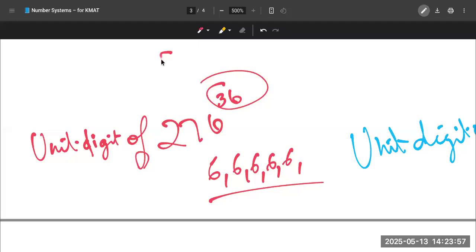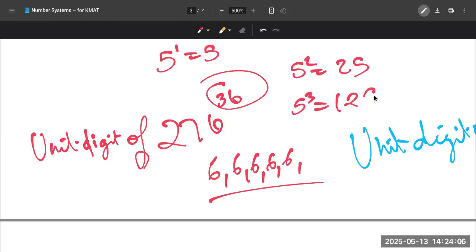And when it comes to 5 also, it is repeating. 5 square is 25. 5 cube is 125. And 5 raised to 4 is 625.